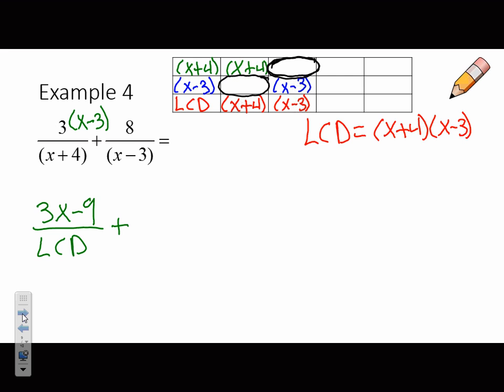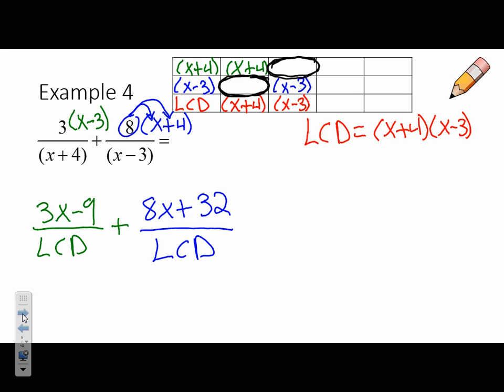Our second fraction is missing x plus 4. So I have to multiply my second fraction by x plus 4 on the numerator. When I distribute my 8 through, I'm going to get 8x plus 32 all over my least common denominator.